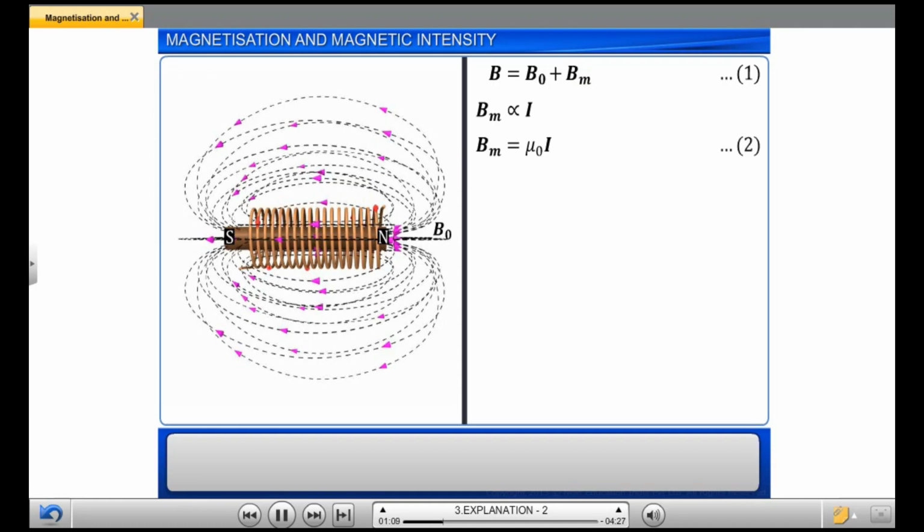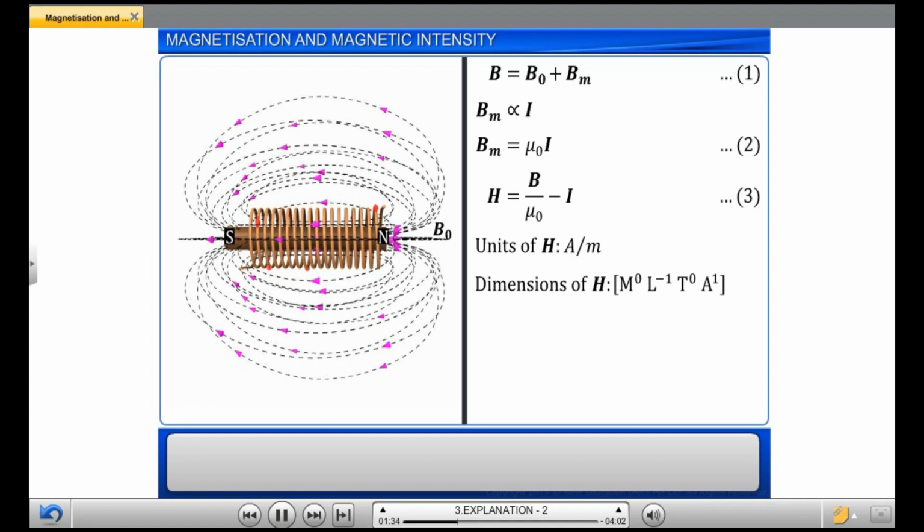Now let us introduce a new vector quantity called magnetic intensity, denoted by H, where H is equal to B by mu0 minus I. Let this be equation 3. The units and dimensions of magnetic intensity are the same as that of intensity of magnetization.